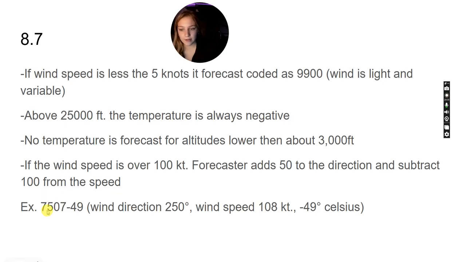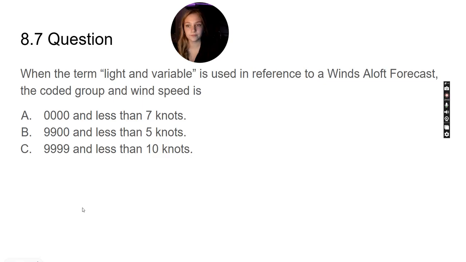So if we had 7507-94, the wind direction would be 250 because we subtract 50 from the 75. And then the wind speed would be 108 knots. That's a typo. It should be 107, because it'd just be 7 plus 100, and then negative 94 degrees Celsius, which we have right there.